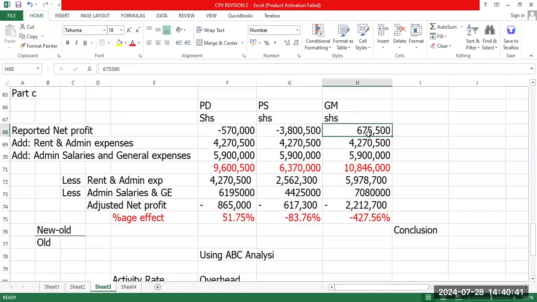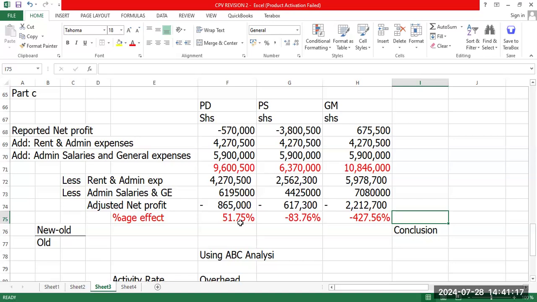This was the profit position, moved from a profit position to a huge loss position, which indicated that the cost allocating method was not fair. So you just need to look for your best words to describe this effect. But that's what I can say.